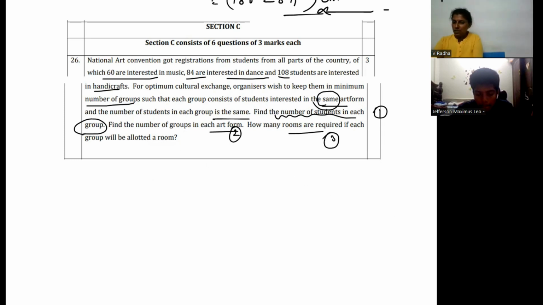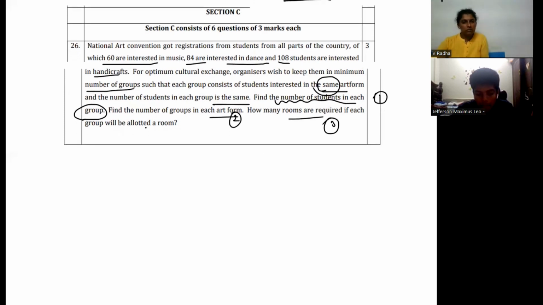What can we find? Which lesson is this sum from? Tell me. Statistics? No. We have done many sums, and we have three categories of students: maths, English, science. It's the first lesson sum, Real numbers. There is a keyword. The keyword here is find the number of maximum, minimum. We should keep them in minimum number of groups.